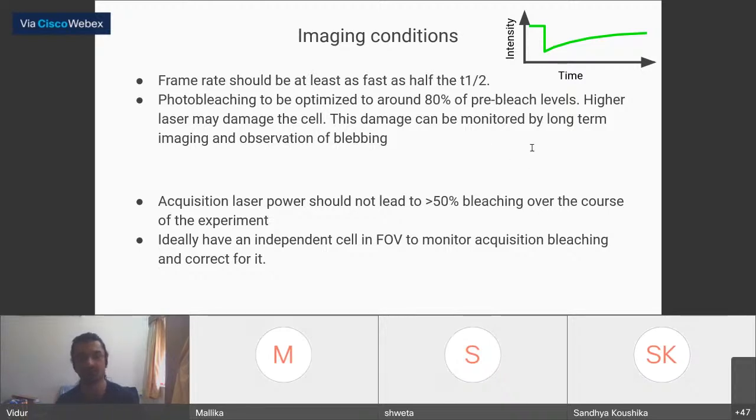So for just two proteins, people use FCS. If two proteins are part of a larger complex, you can use FRAP. And I can always go into FCS later if anyone is interested.